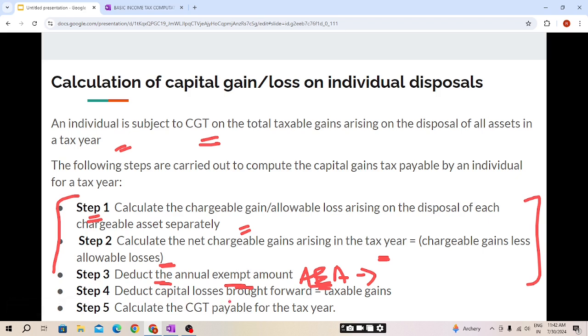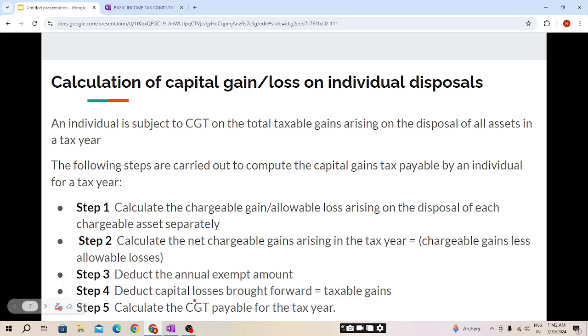Deduct capital loss brought forward will give rise to the taxable gains. So we need to deduct the capital loss, students, which has been brought forward, then we will arrive at our taxable gains. Then the step number 5, calculate the CGT payable for the tax year. So this is the approach we need to follow to calculate the capital gain tax.